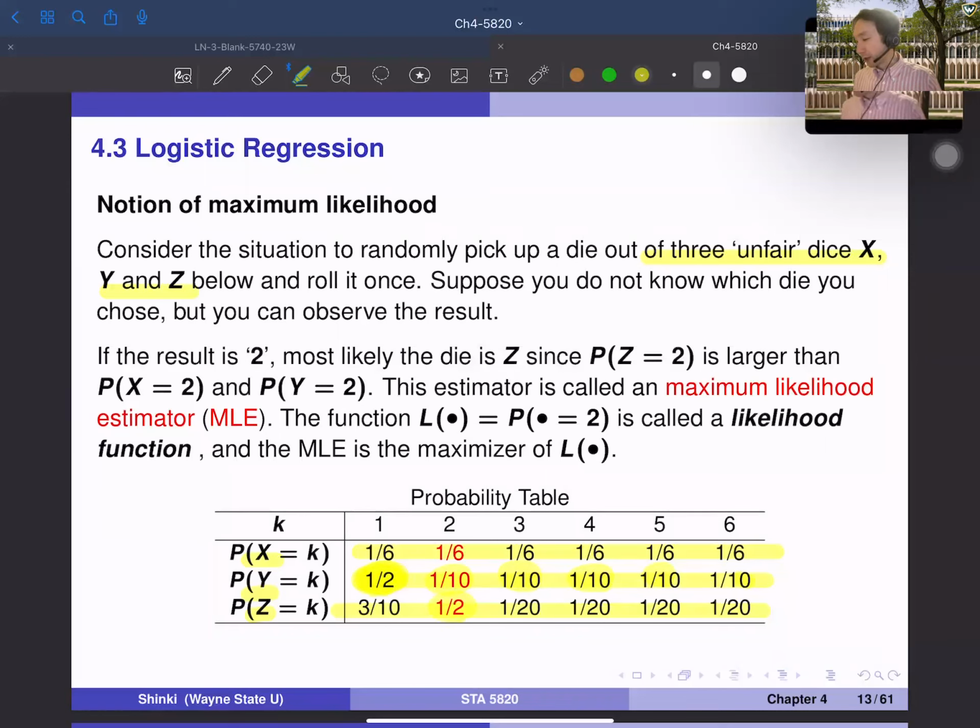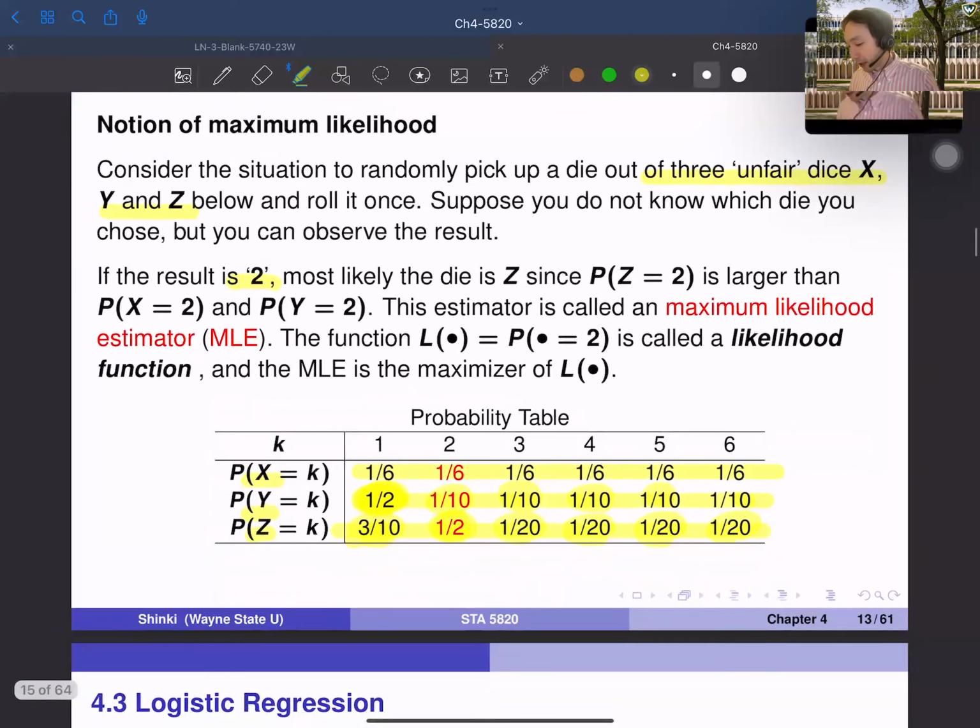And suppose you don't know which die you chose, but you can observe the result once. Suppose you pick up one of these dice and the outcome is 2. So 2 occurs in that experiment. Then which die is most likely? We don't know which die we picked up, but if we compare these probabilities, you can see Z gives the largest probability for 2.